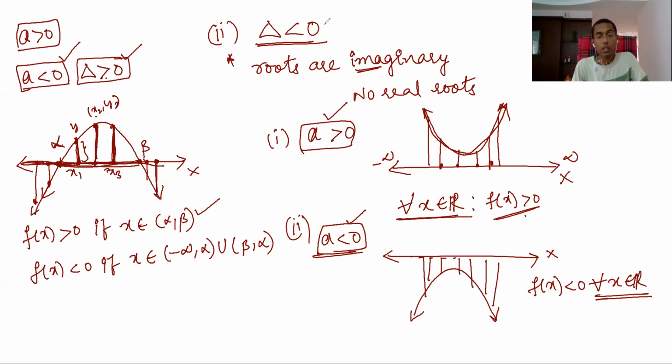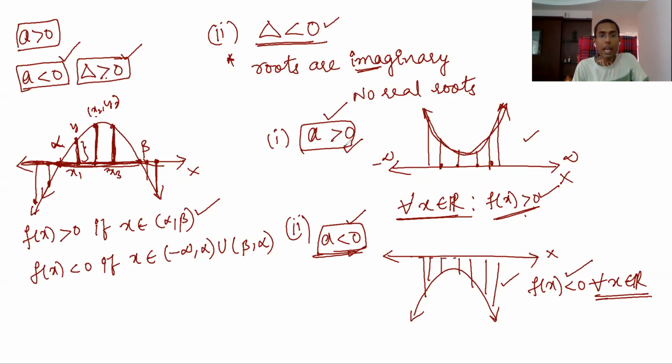Delta less than 0 is important because the roots are imaginary. For a greater than 0, the upward parabola does not intersect the x-axis at any point. So if a is greater than 0, f of x is positive, and if a is less than 0, f of x is negative.